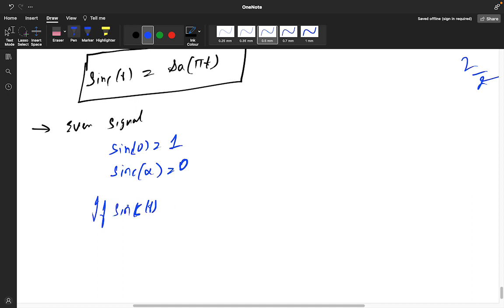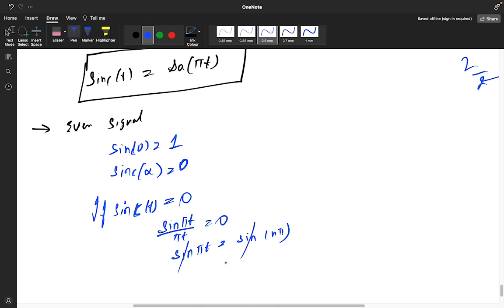If you want to find where sinc t equals 0, then sine pi t divided by pi t is 0. Sine pi t equals sine n pi, so this sine will cancel out.